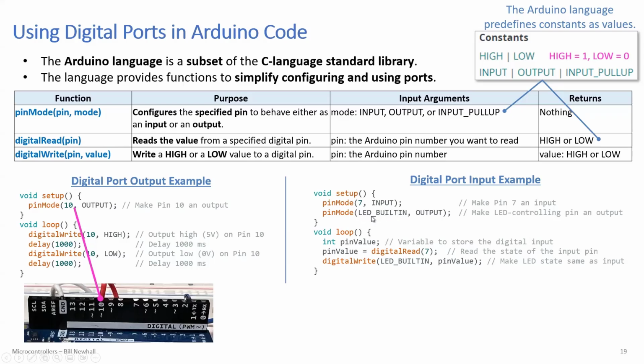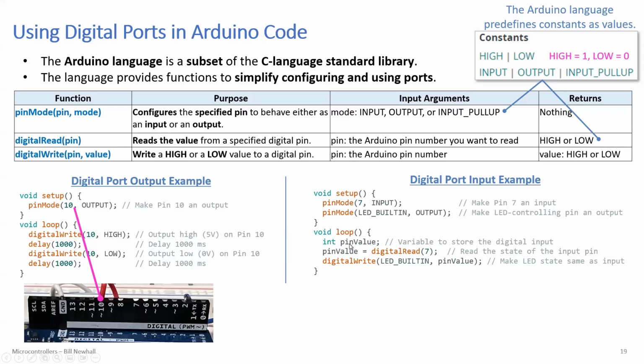Each Arduino board has a different pin number of the microcontroller attached to the LED. So when you define which board you're using, this LED built-in might be set to pin 10, pin 11, whatever the value is. But then you don't have to remember it or look it up. It's already defined for you. So that sets up one pin as an input, one pin as an output.